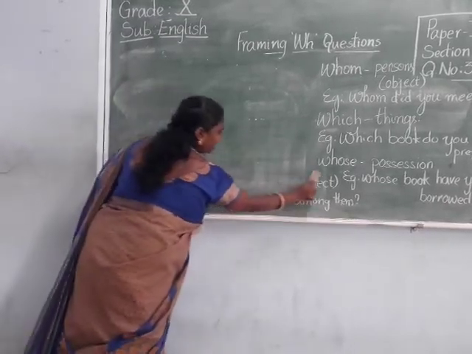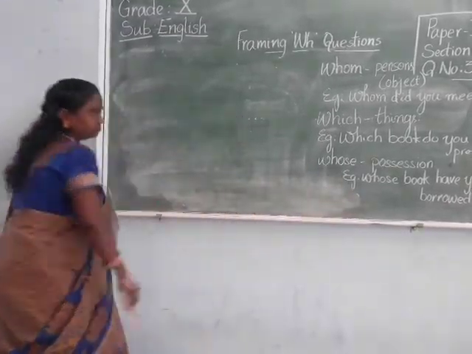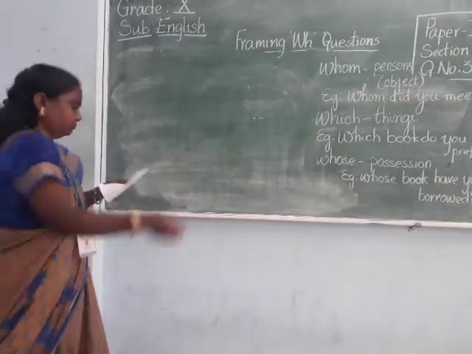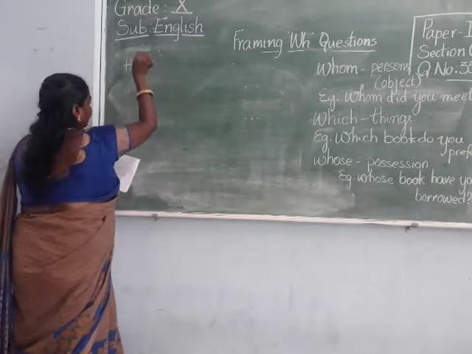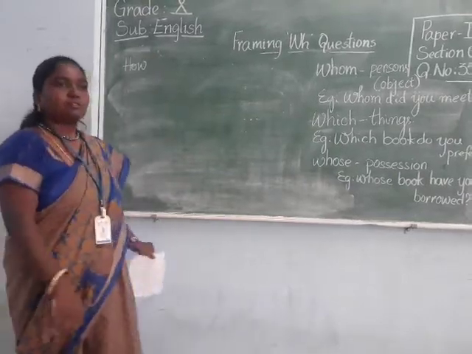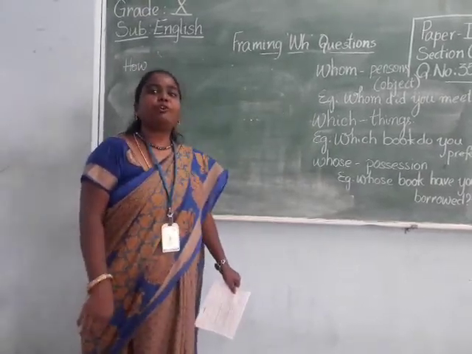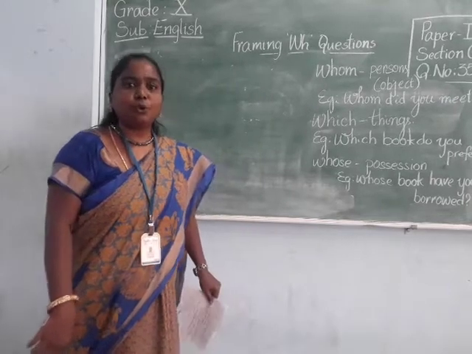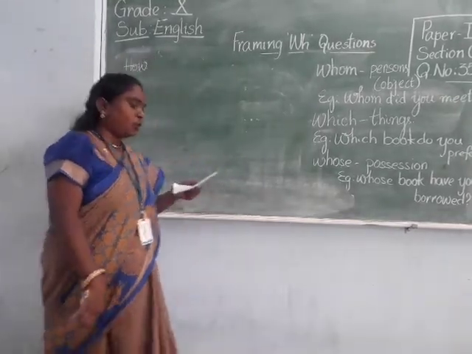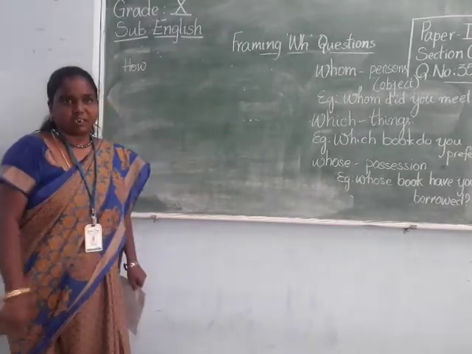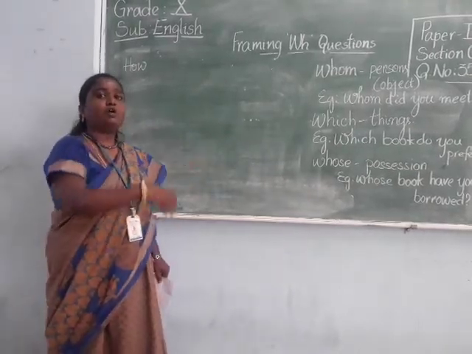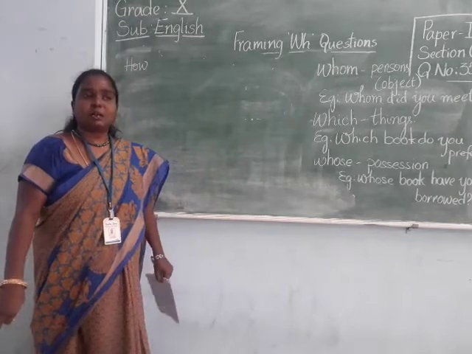Let us see the usage. How is used with an adjective or an adverb to know the extent or the degree to which something is done. How far, how much the work has been completed.